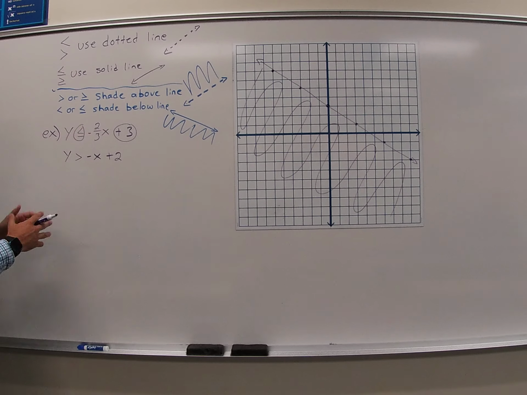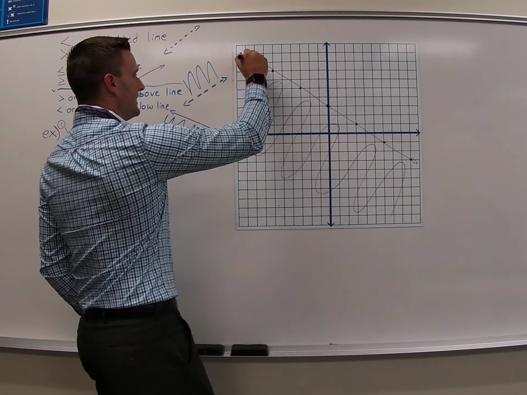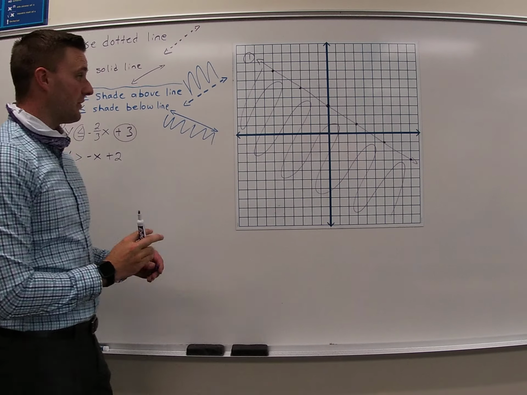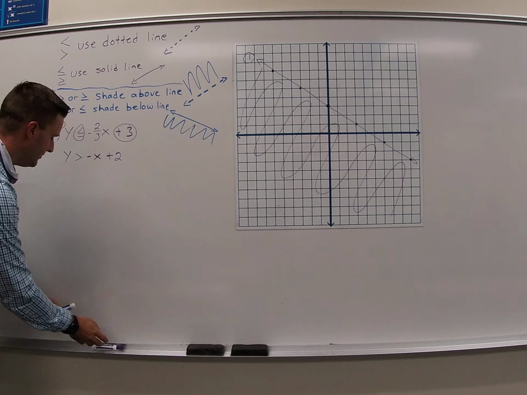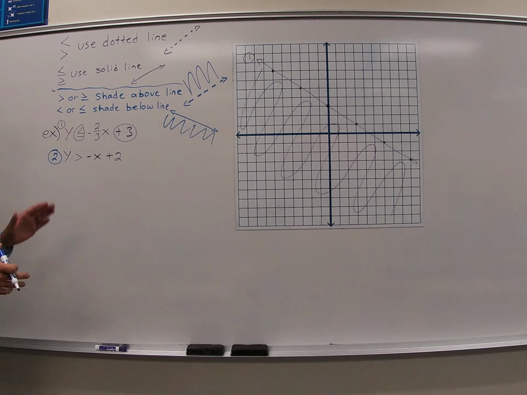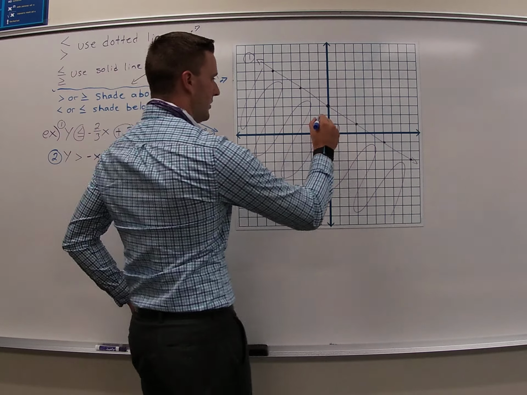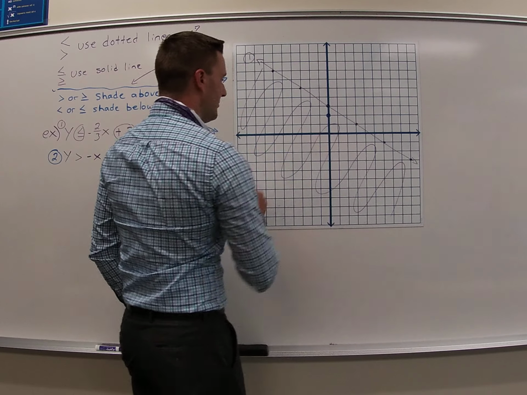So we have to now go ahead and graph line 2. Let's go ahead and just label this. We're going to label this line 1, just so that we can keep track. I'm going to use a different color for line 2. So I'll use blue up here. So this will be line 2. Again, it's already y equals mx plus b. So my starting point is positive 2. So I'm going to go up 2 in blue and put my starting point.